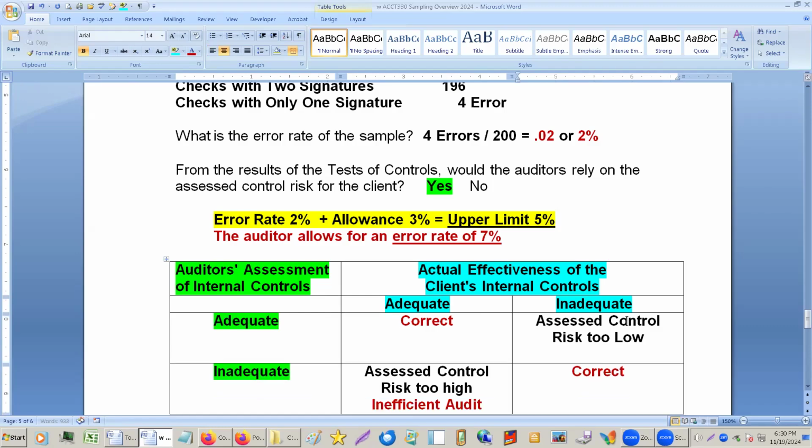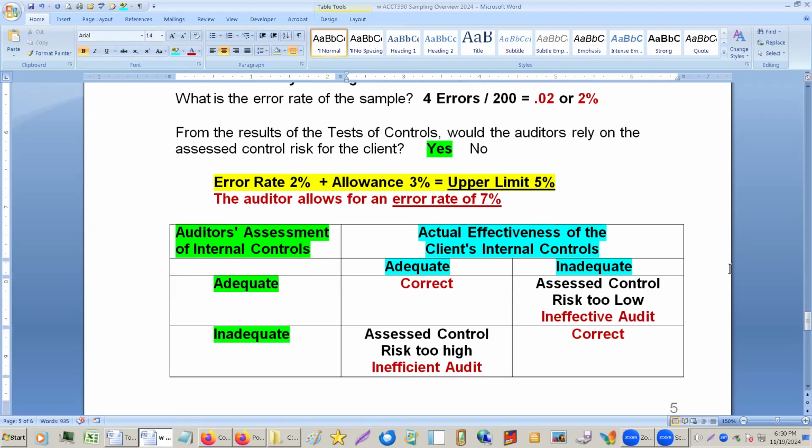This leads to an ineffective audit. So which one of these is more dangerous? To assess the control risk too low or to assess the control risk too high?